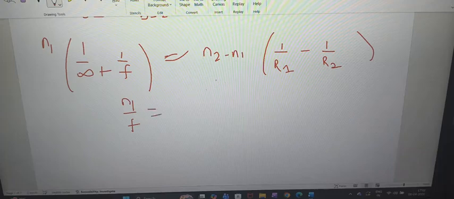Now what will I do? I will divide this entire equation by n1. So if I do left hand side, after multiplying it's n1 by f, so if I divide it again by n1, this will get cancelled. In left hand side I will have 1 by f. Right hand side also let me divide.